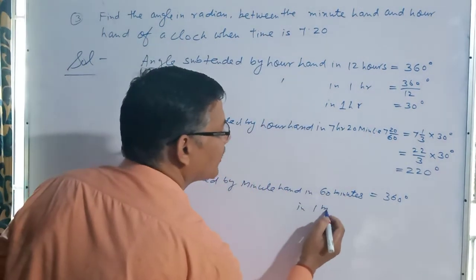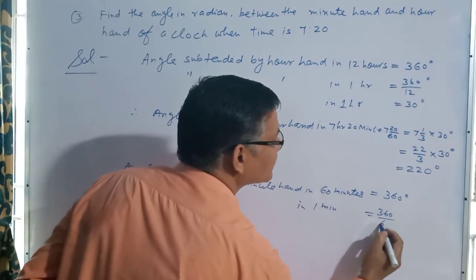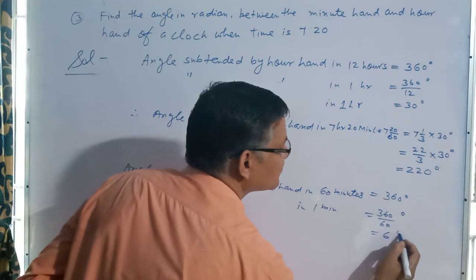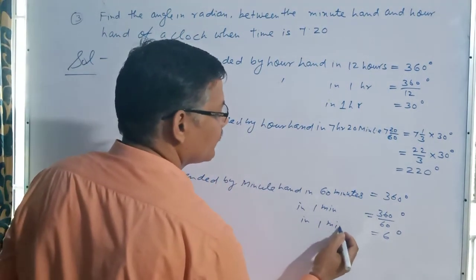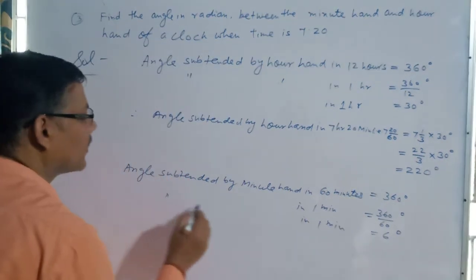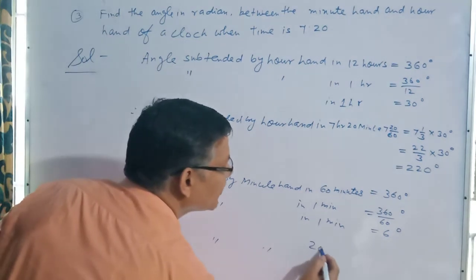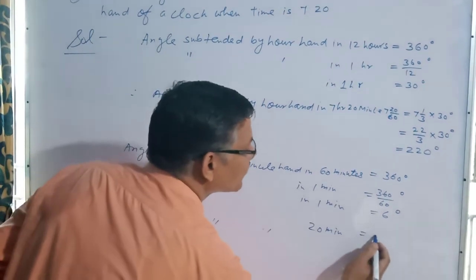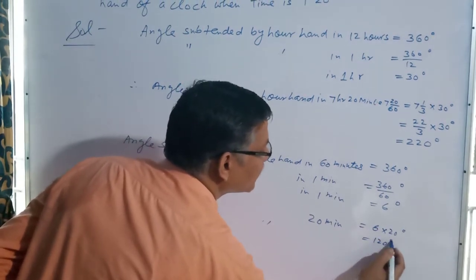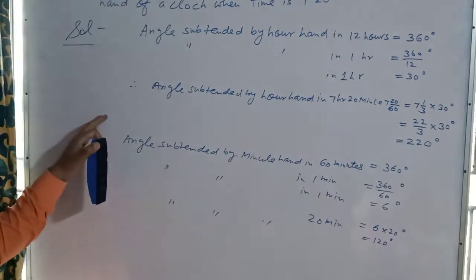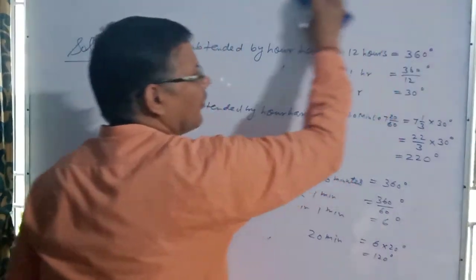In 1 minute it is 360 by 60, which is 6 degree. You may start directly from 1 minute. So the angle subtended by the minute hand in 20 minutes is 6 into 20 degree, equal to 120 degree. This is the way to get the angle subtended by the hour hand and the minute hand.